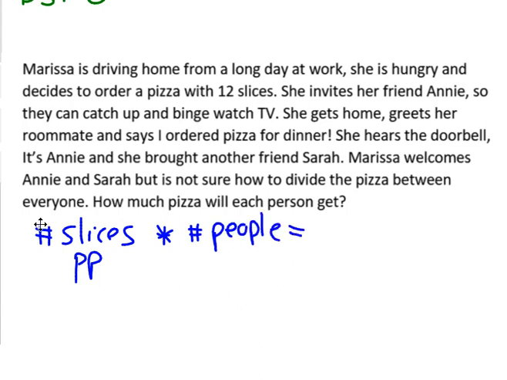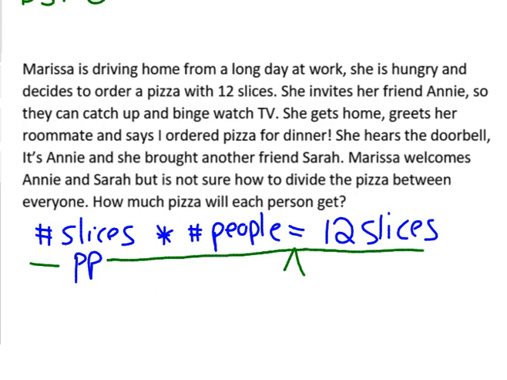And it's going to equal the total number of slices in the box. We'll have 12 slices. So again, this is our seesaw equation. The seesaw is heavy on this side with multiplication. So we need to do the opposite. We need to do division.